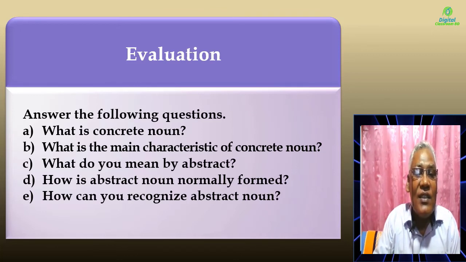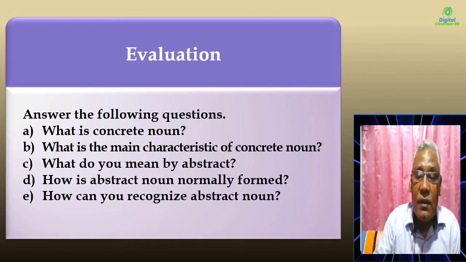And how is an abstract noun normally formed? I have shown it to you with some suffixes. That means by adding some suffixes to the main word, you can form an abstract noun. And how can you recognize an abstract noun? So these are the questions, and I think you can easily answer.